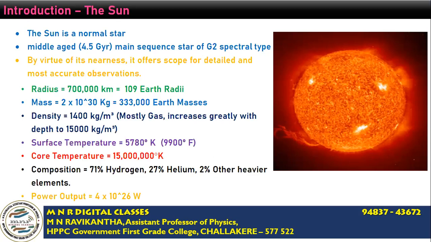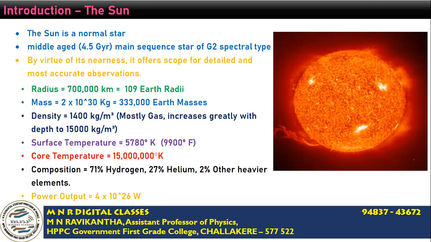The typical physical parameters of the Sun are as listed here. The radius of the Sun is 7 lakh kilometers, which is equal to 109 times the Earth's radius. The mass of the Sun is 2 into 10 to the power of 30 kg, which is equal to 3,33,000 times the mass of the Earth.